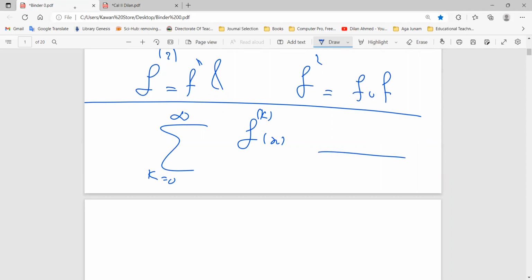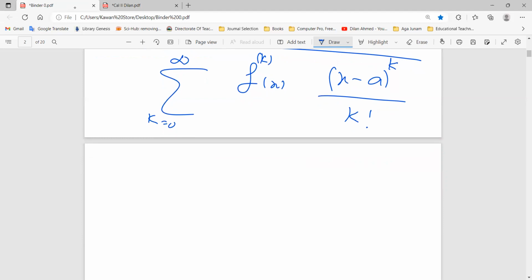So also we have k factorial; you know about factorial. So 0 factorial is equal to 1, then 1 factorial, 2 factorial, and go on. As well, we have x minus a. A is given; in the question they will give you, for example, x about 2. And k is the power, right? So if you expand this formula, what do you get?